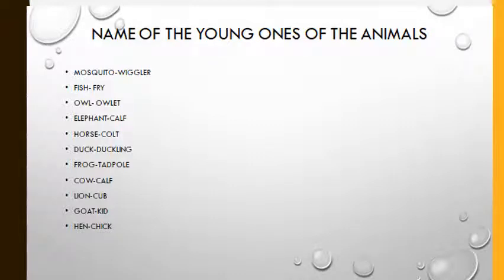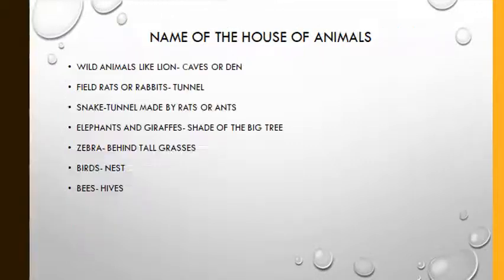The young one of a frog is called a tadpole. And next, cow. The young one of a cow is called a calf. The young one of a lion is called a cub. The young one of a goat is called a kid. And next and final, the young one of a hen is called a chick.